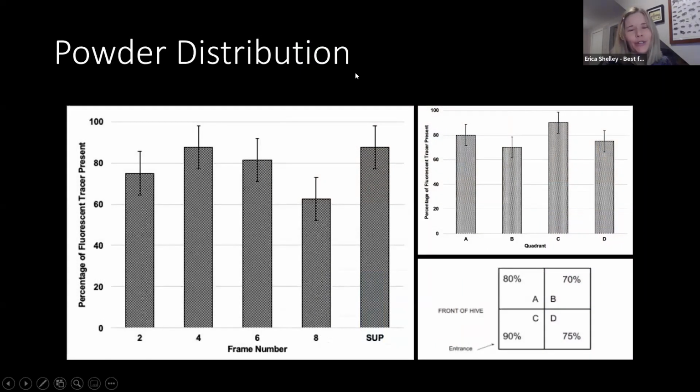When we took a closer look at where the fluorescent powder was, we found that there were slight differences depending on where the frames were in the hive and in which quadrant.